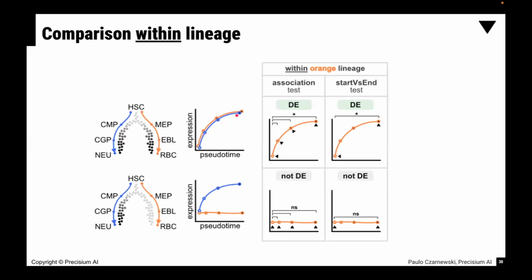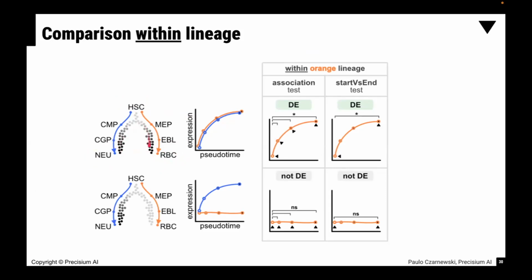Let's start simple, because differential gene expression within trajectories can become complicated very fast. Even if you have multiple lineages, multiple trajectories, it can become very complex in a minute. But let's take just an example. You have the hematopoietic stem cells that differentiate into the red blood cells in your blood, or neutrophils.